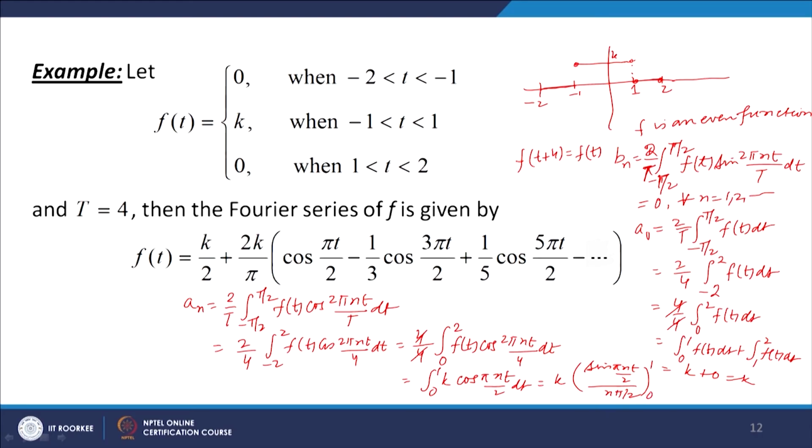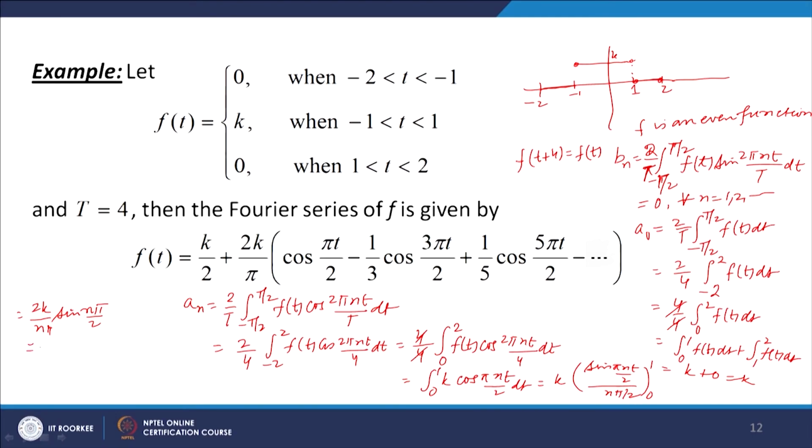When t equals 0, sin(pi n t by 2) is 0, but when t is equal to 1 we get sin(pi n by 2). So, we get 2k over n pi times sin(n pi by 2). So, when n is equal to 1 we get sin(pi by 2), so this is equal to 2k over pi. When n is equal to 2, sin(pi) is 0.